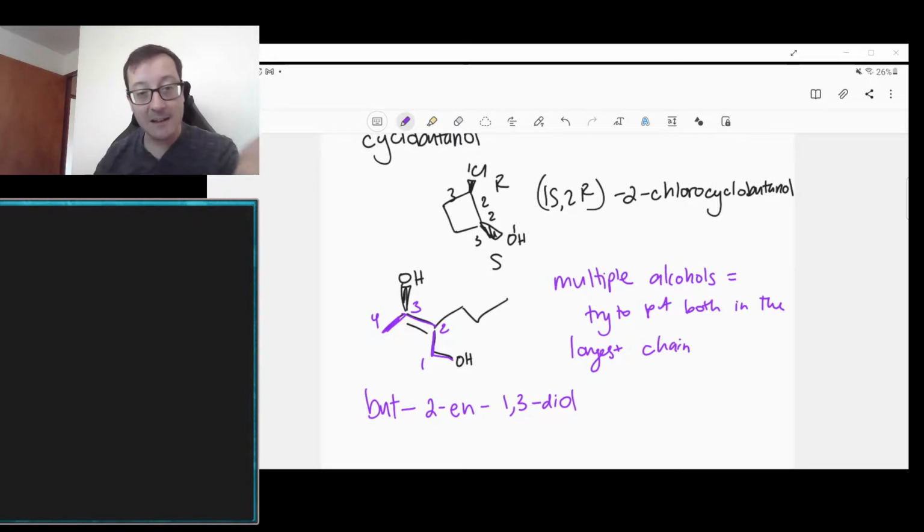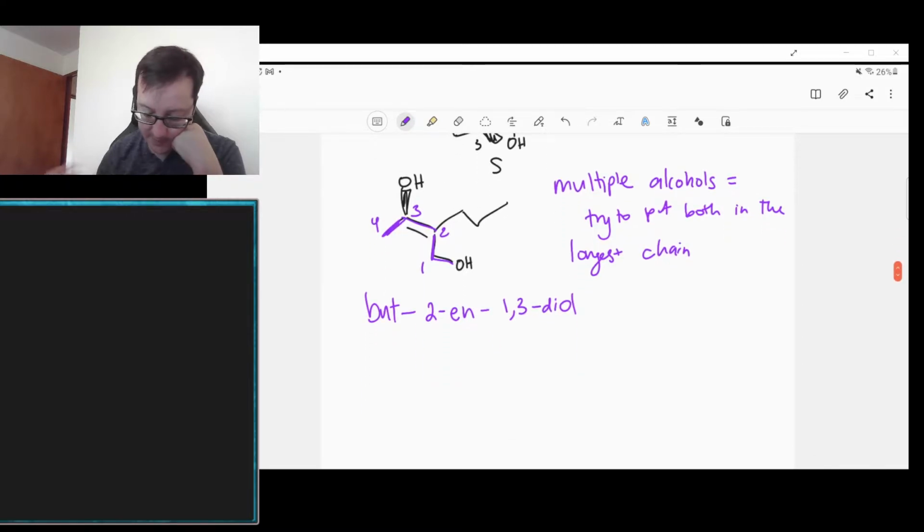We have an alkene on carbons 2 and 3, but we always say the first one. And then on carbons 1 and 3, we have 2 alcohols, and so we would call it a diol. Like we had butadiene before for 2 alkenes, here we have diol for 2 alcohols.